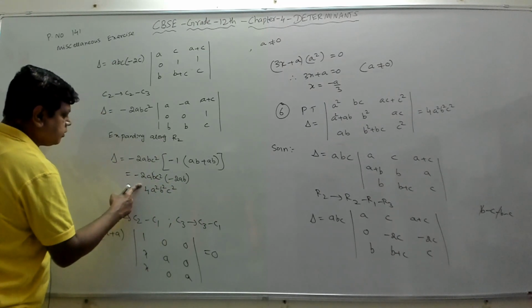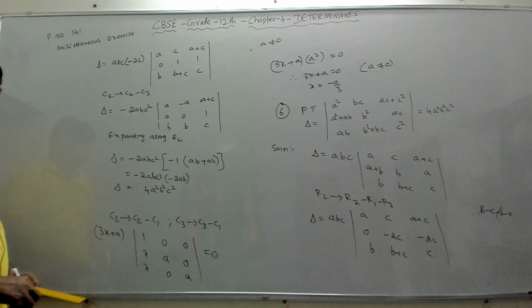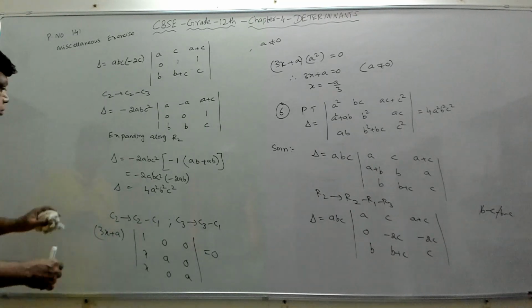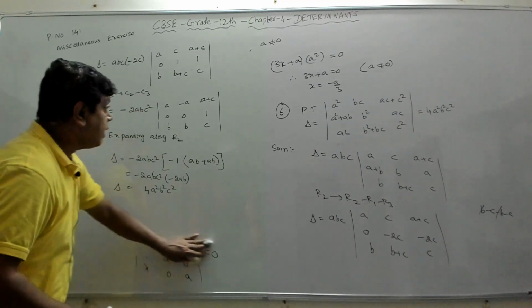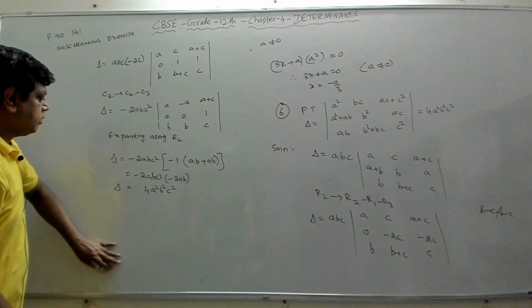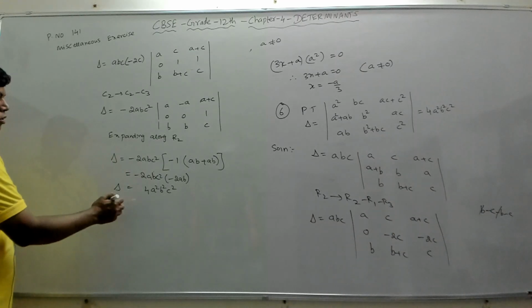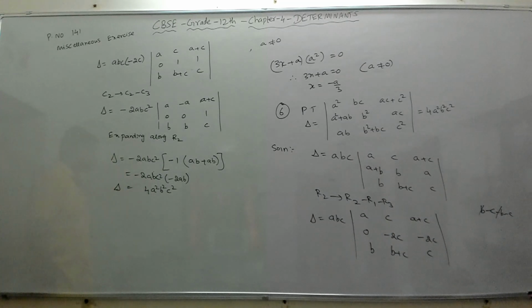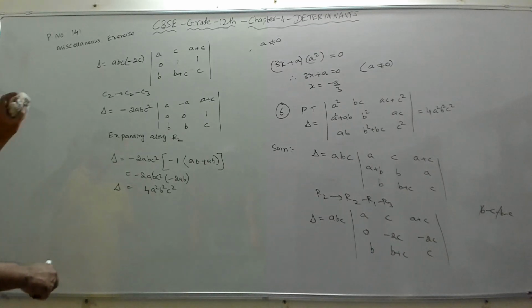That is your delta. So we have proved the value of this is equal to 4A square, B square, C square. Clear? So all of you can pause the video and take the notes. Fine. I will go to the next problem, which is problem number 7. It's important. So I'll erase all of these now.